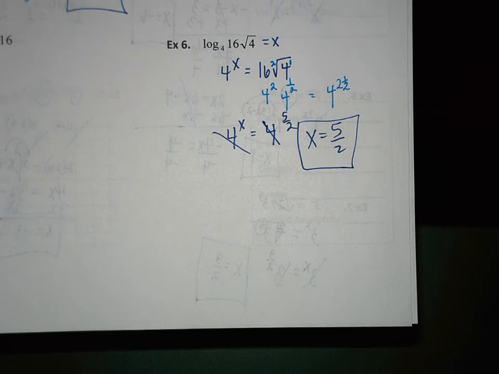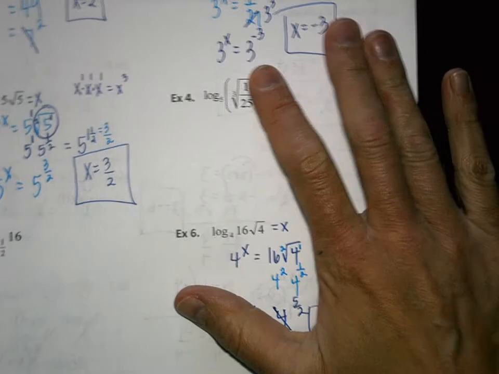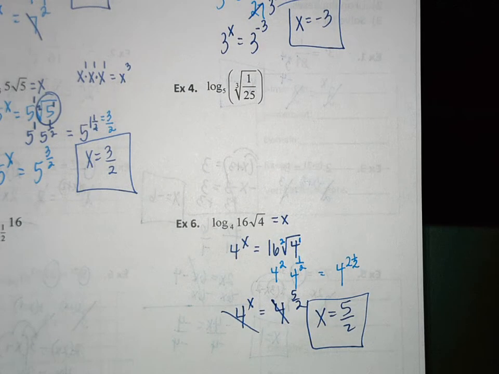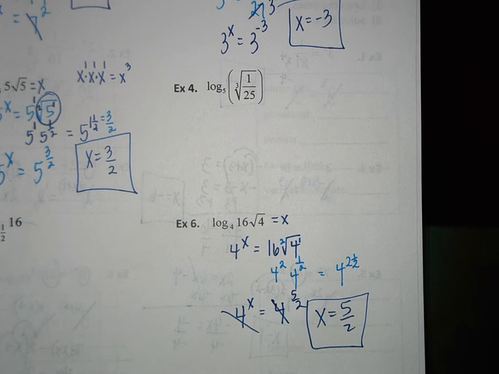All right, let's go back to example 4. Okay, what's my first step? Anybody help me out? Change it to 8, make it equals to x. Very good. Okay, equals x.